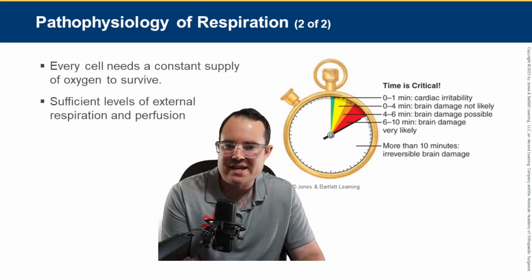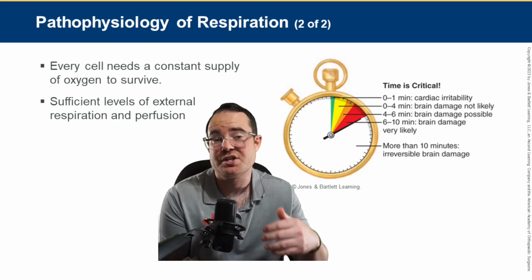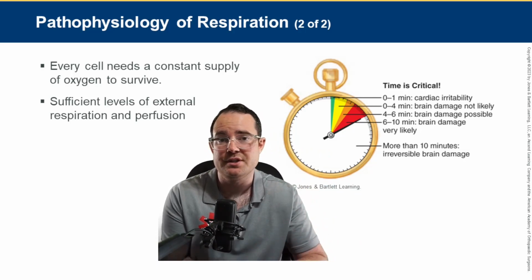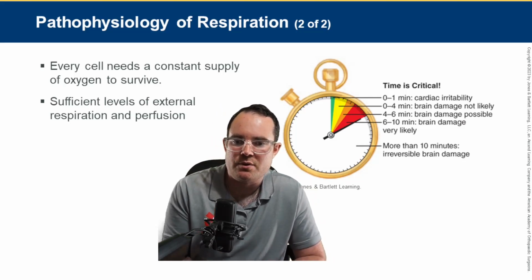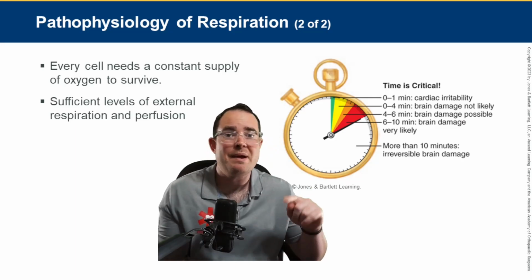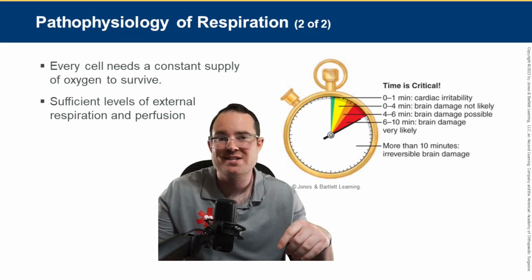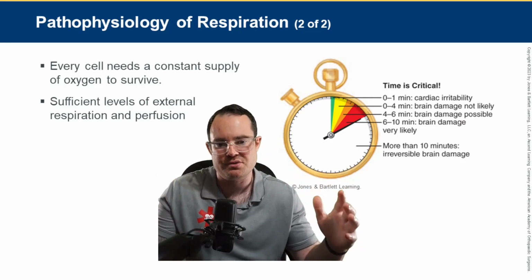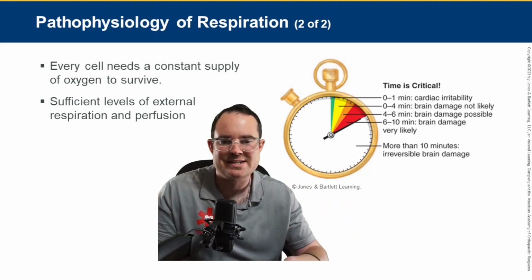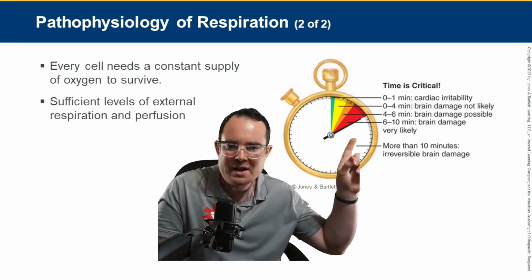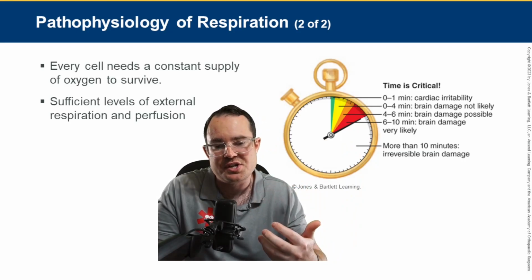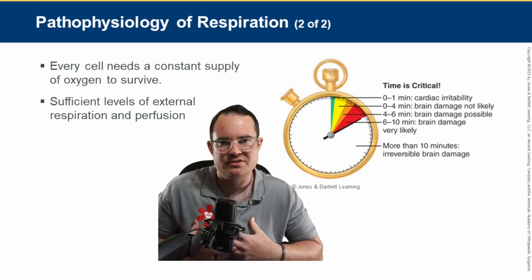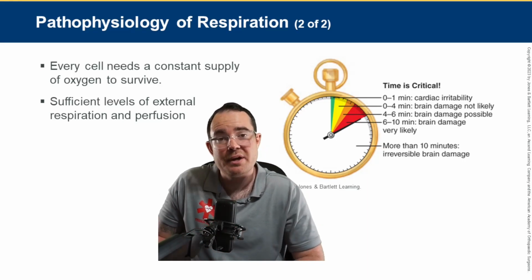It says every cell needs a constant supply of oxygen to survive. Absolutely. Your body needs oxygen, right? Sufficient levels of external respiration and perfusion to basically transport that oxygen so it gets to all the tissues. Now, take a look at what this says. It says time is critical. After 1 minute of being hypoxic or having no oxygen, your cardiac muscle, your heart, actually starts to become irritable.